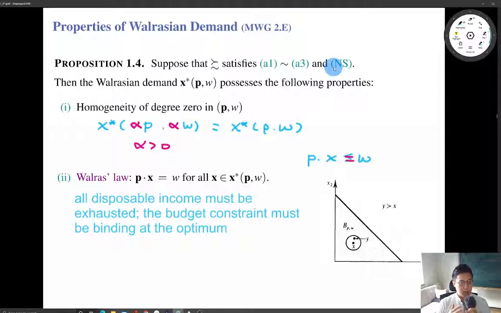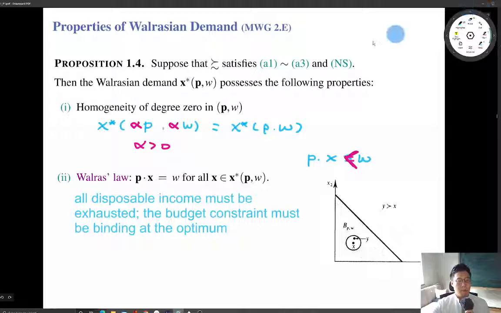That is a proof by contradiction. Suppose that the optimal bundle is not on the budget line, but instead inside the triangle. So suppose that this x is inside the triangle. At this bundle, the budget constraint holds with strict inequality.